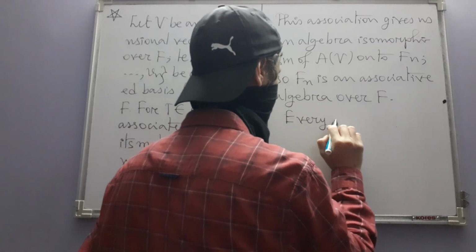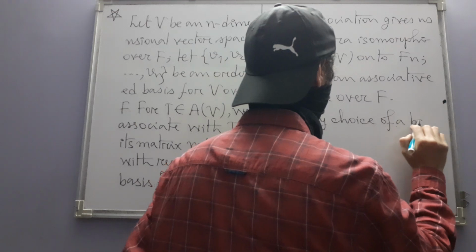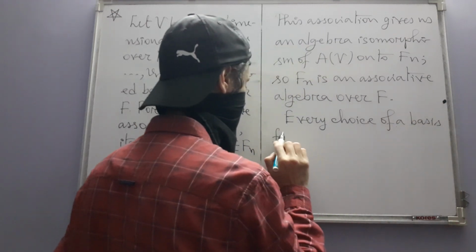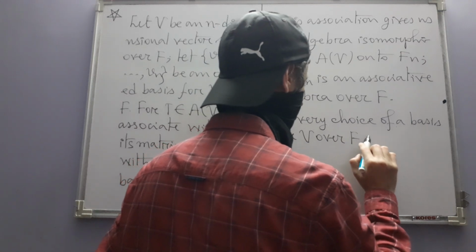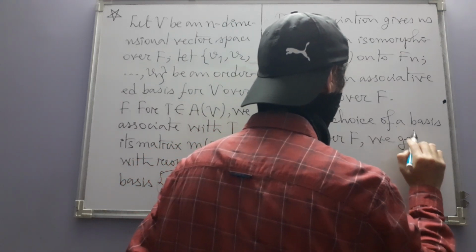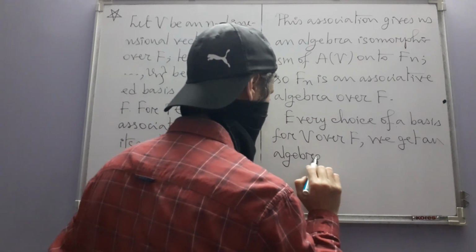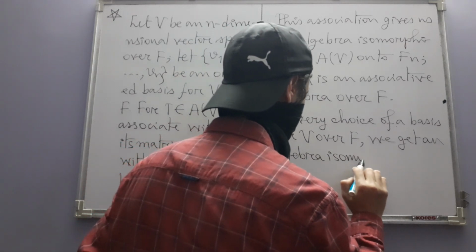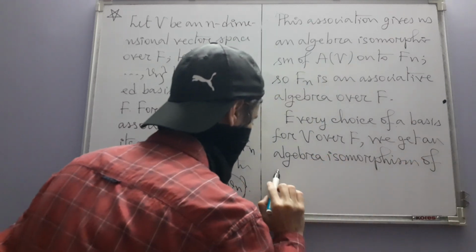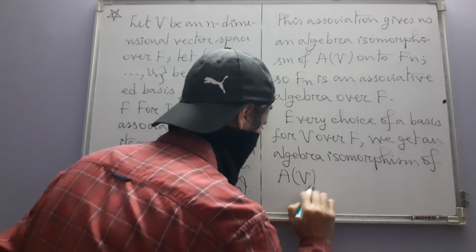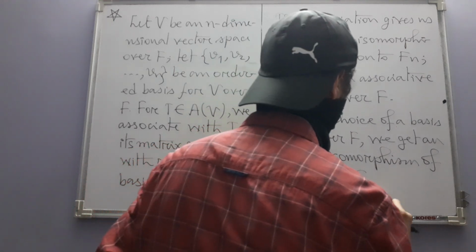Every choice of a basis for V over F, we get an algebra isomorphism of A of V onto Fn.